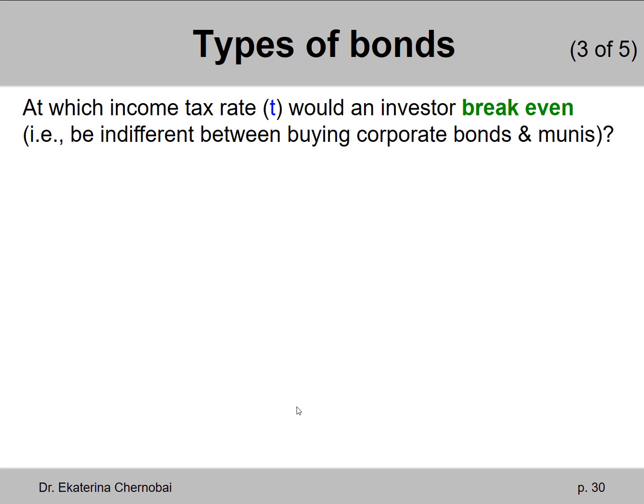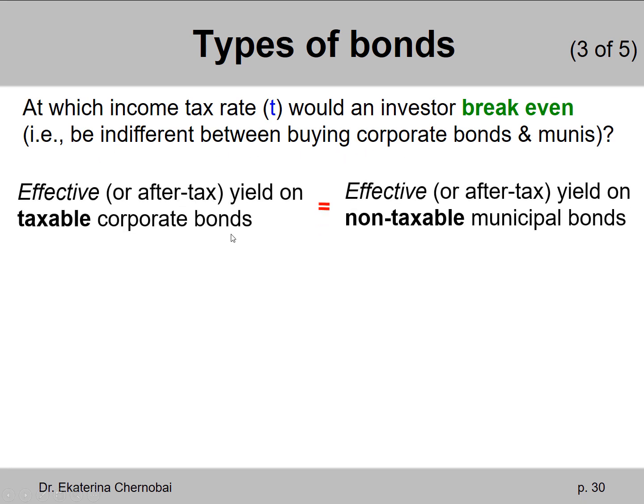There is another type of calculation that could be done when we are comparing bonds with taxable versus non-taxable coupon payments. For example, we can calculate at which federal income tax rate an investor would break even. In other words, be indifferent between buying corporate bonds and municipal bonds. And what we need to do is basically set equal the after-tax yields.